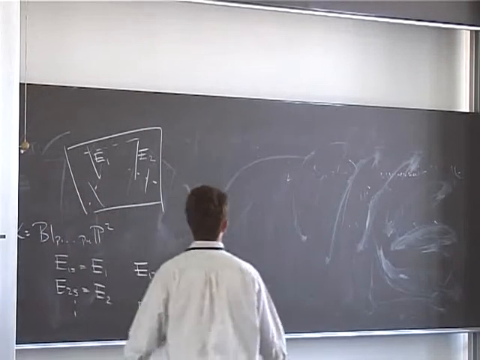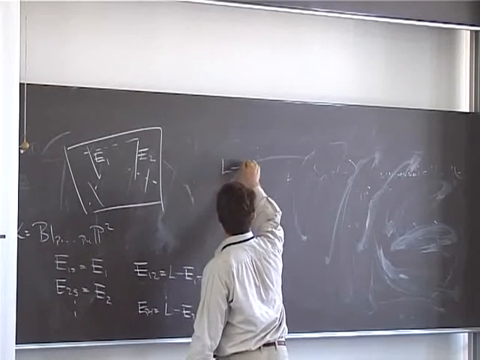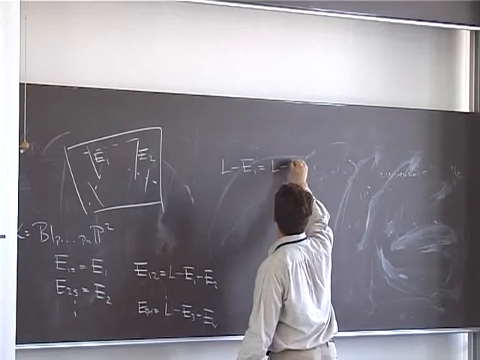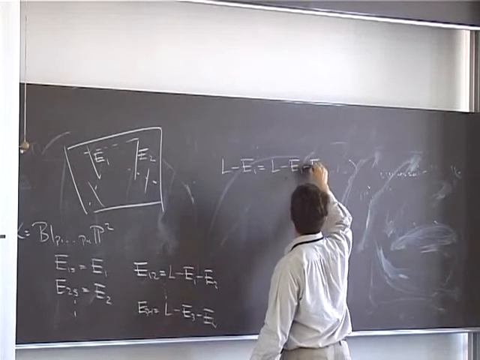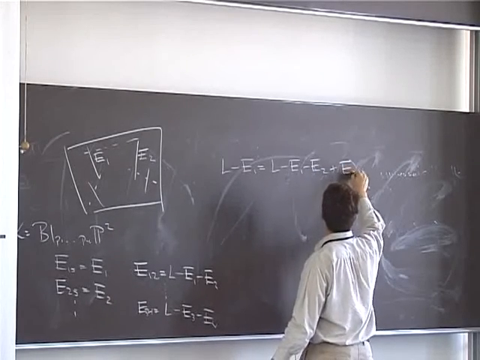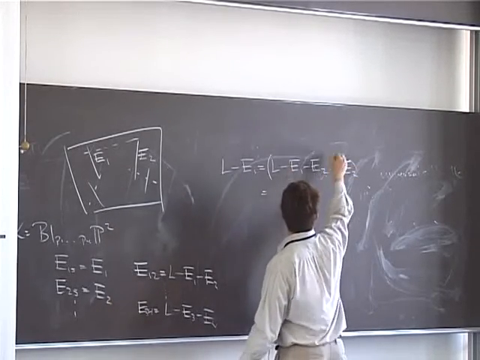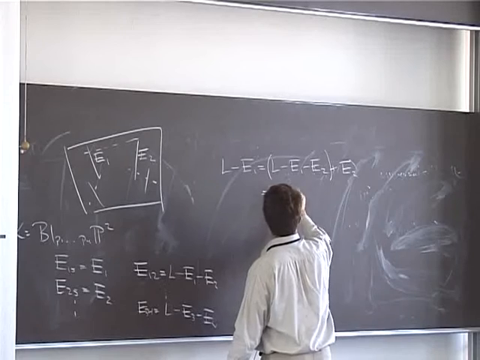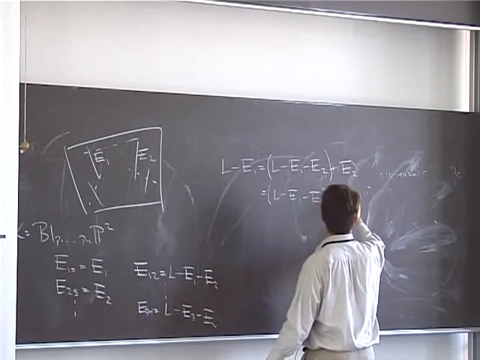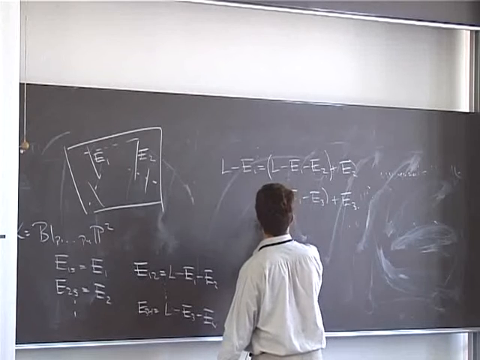Now, the point is that I can write, say, L minus E1 in a number of different ways. This is L minus E1 minus E2 plus E2, or L minus E1 minus E3 plus E3.